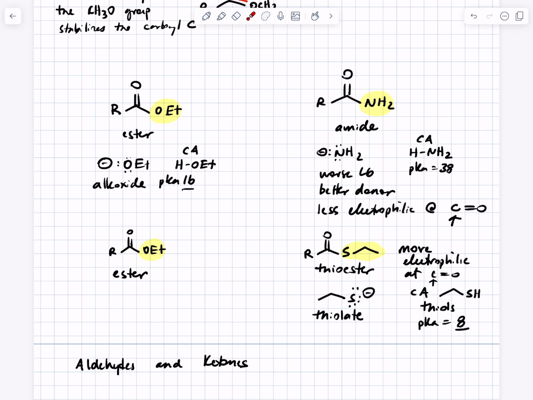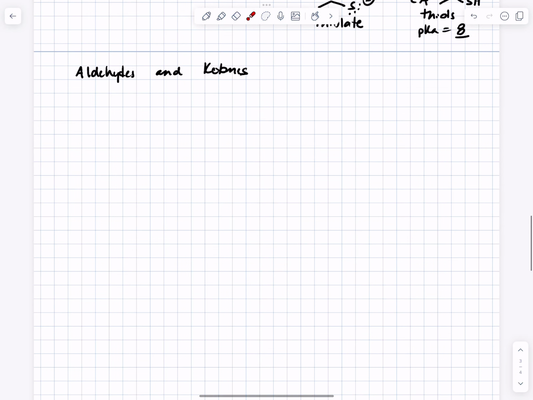In part, that was because all the Y groups that we've dealt with so far have had lone pairs on them that could potentially be electron donors. Aldehydes and ketones are a little bit different because the Y group lacks lone pairs.